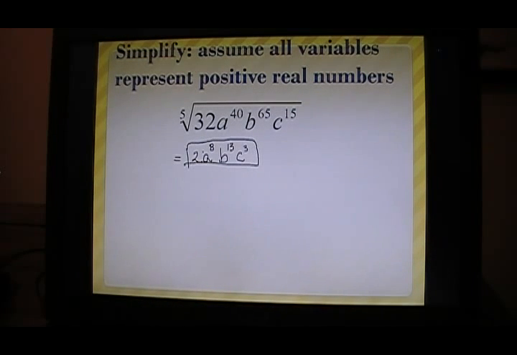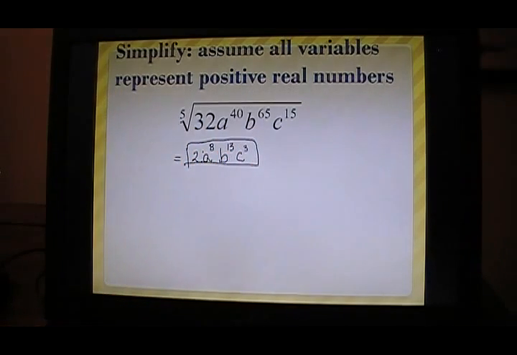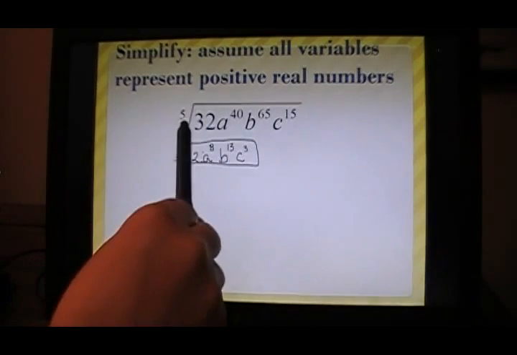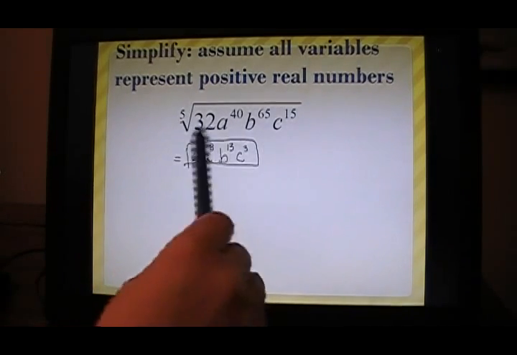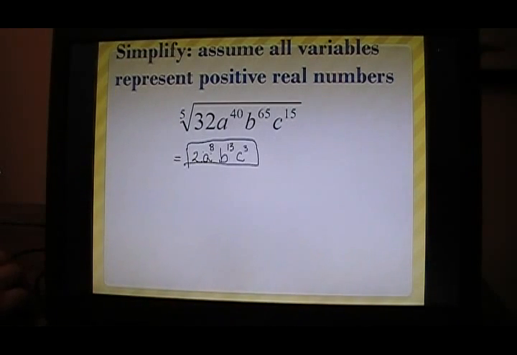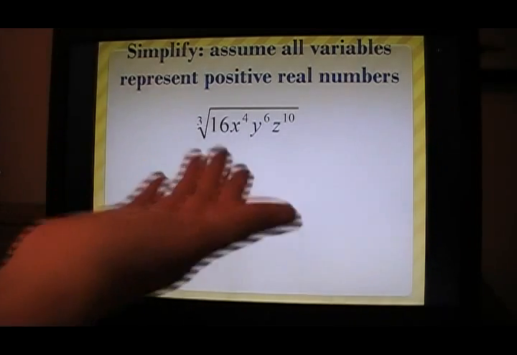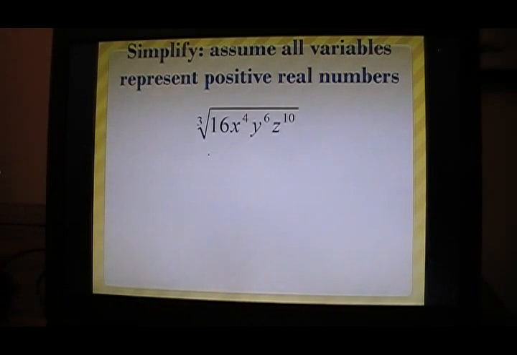And that's always the case when these factors underneath are, since this is a 5, fifth powers. When we get into some expressions, that's not always going to be the case. And it is expressions like this that get a little bit stickier.